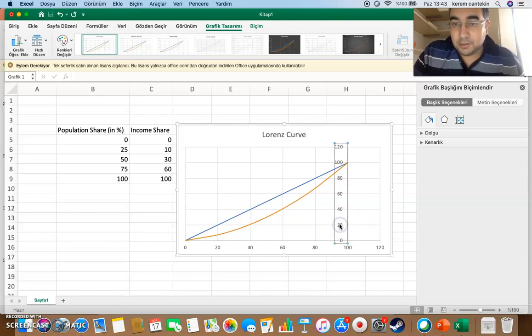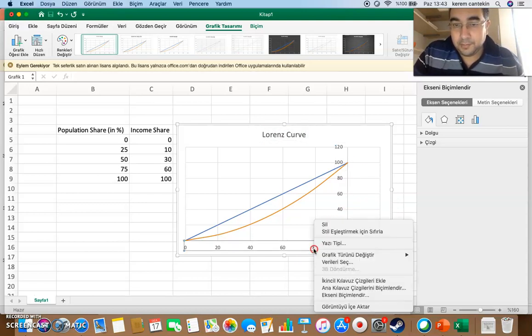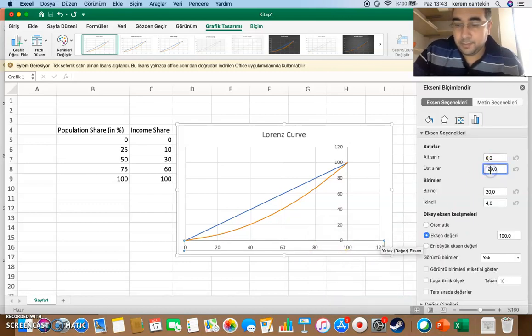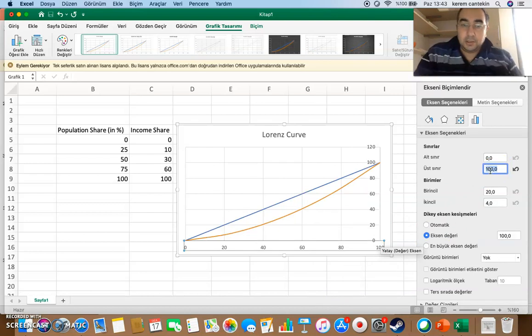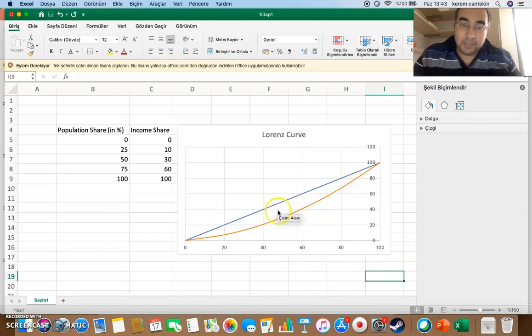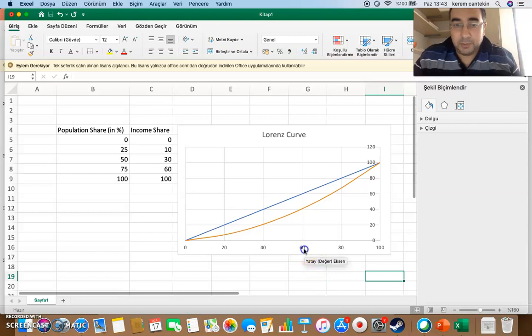And let's also limit this to 100. So ultimately we need to get the area between the blue and the yellow line, but since it is difficult for us to calculate that line, we need to rather find the value under the yellow line. That would be more easy.